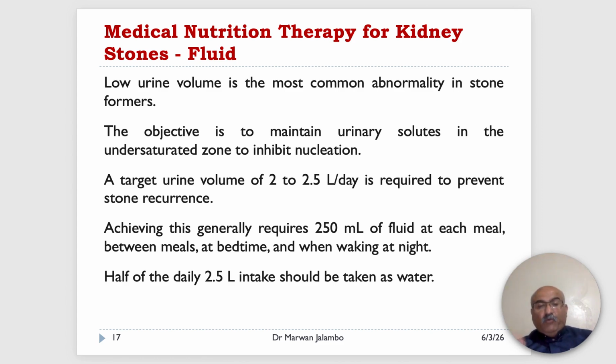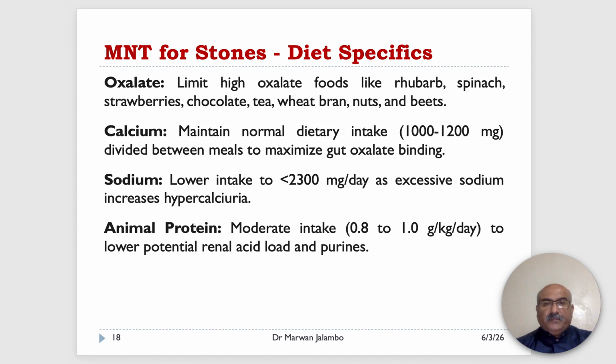Beyond water, what food-specific restrictions should we recommend? Dietary restrictions vary by stone type. For oxalate, patients should avoid high oxalate foods like spinach, chocolate, and nuts. Calcium should not be restricted. Patients should aim for a normal intake of 1000 to 1200 milligrams of calcium divided across meals.